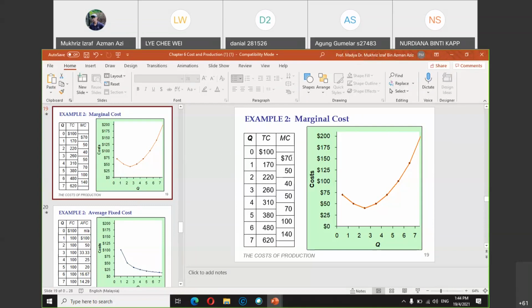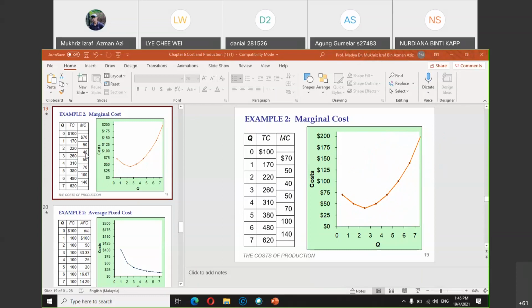Here you can clearly see that MC declines first, then it goes up again. So this is a more accurate representation of the marginal cost function. It declines, then it goes up again. This concept of decreasing and increasing again, the part where it increases, is what we call the concept of diminishing marginal return.